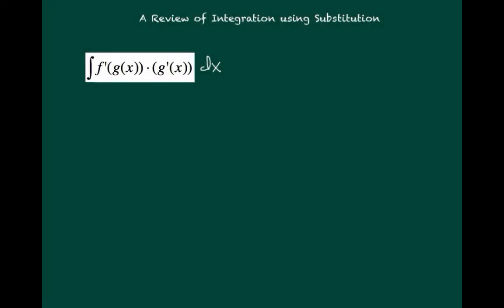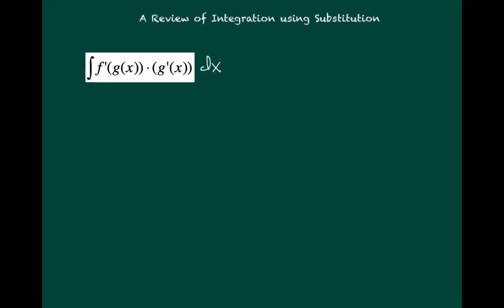Before we get into the main topic of this video, I wanted to touch briefly on what we did in the last video. Now, the last video dealt with using substitution as a method for integrating indefinite integrals. So in other words, there were no limits to deal with.